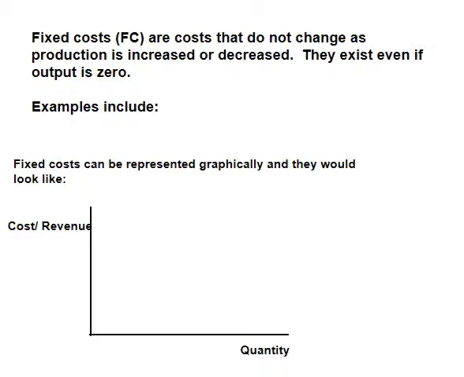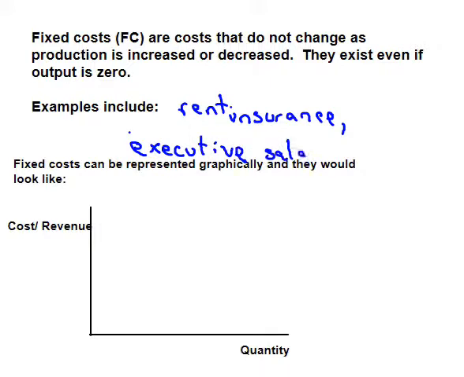So examples of fixed costs could be things like rent, insurance, executive salaries, etc. And fixed costs, if we were going to graph them, would look like just a straight line.